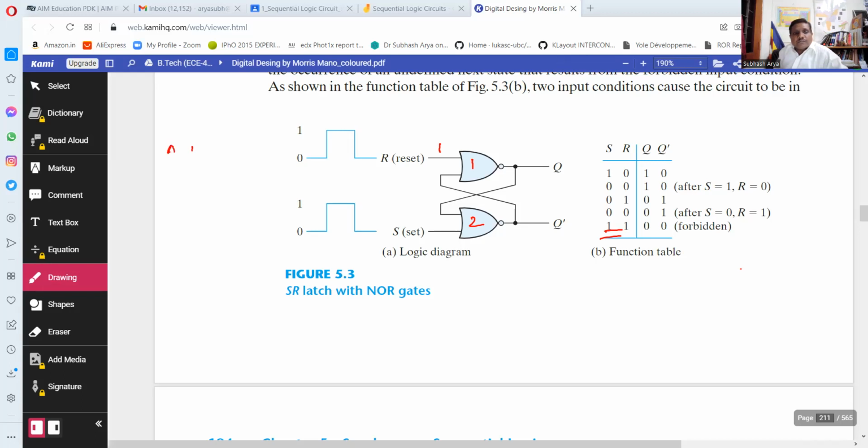Suppose A and B are 2 inputs, and Y is the output of a NOR gate. NOR gate is nothing but an OR gate and a NOT gate. This is an OR gate and one NOT gate.